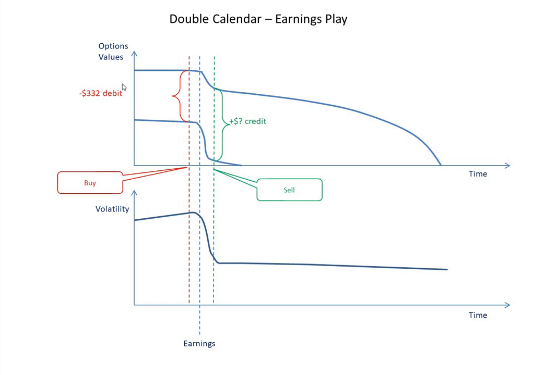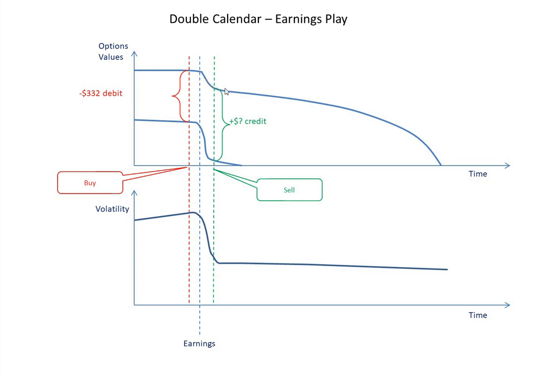At the same time, I also purchased the strangle. So over here, we can see that the strangle that I purchased was a lot more expensive than the strangle that I sold. Therefore, I had to make up the difference. I had to pay for the difference, and that's the 332 debit or $3.32 when we're talking about options.